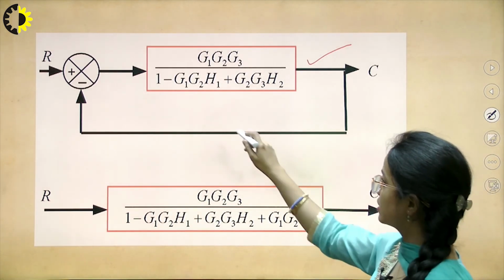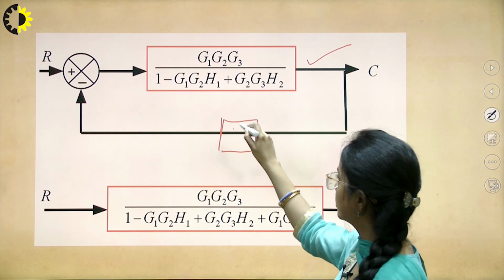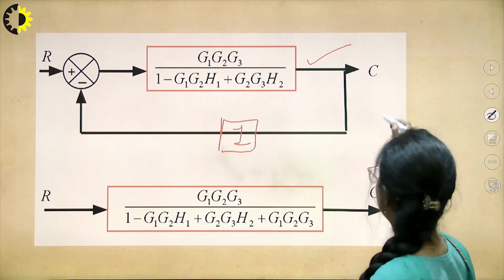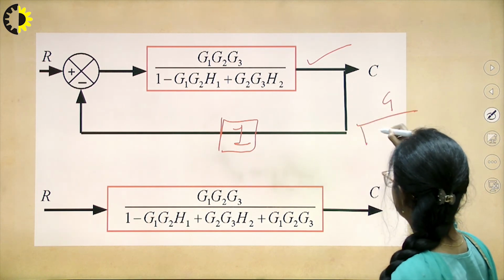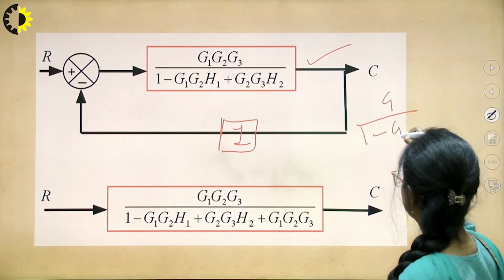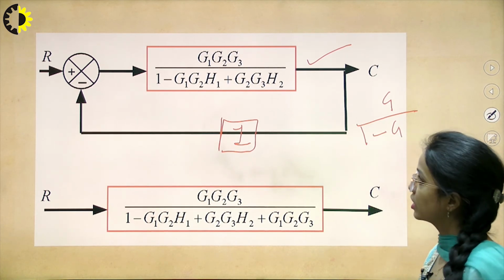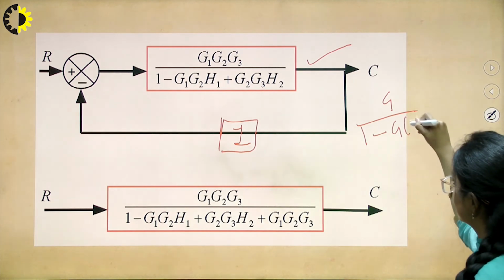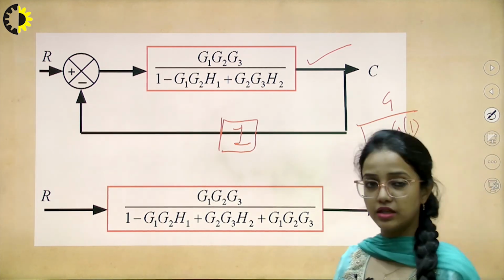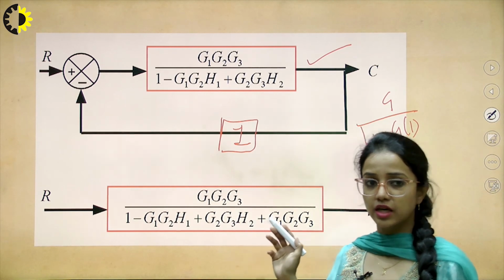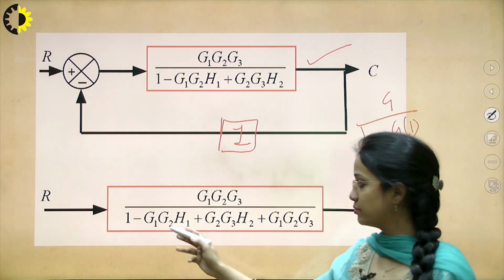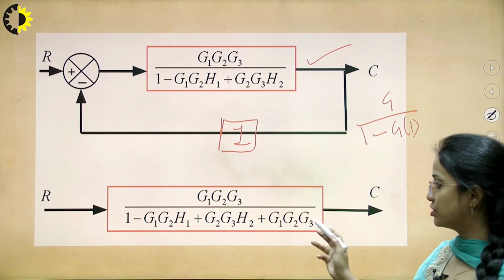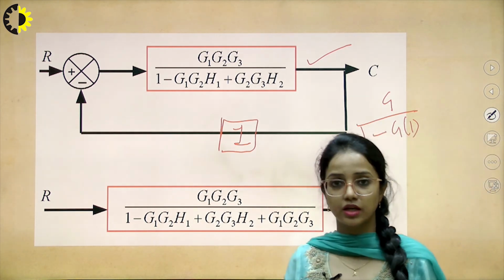Now this loop is nothing but simply a unity feedback connected in negative sign. So for unity feedback, we have the formula G upon 1 minus G, since H is 1. So reducing, we get G1 G2 G3 upon 1 minus G1 G2 H1 plus G2 G3 H2 plus G1 G2 H3, G1 G2 G3.